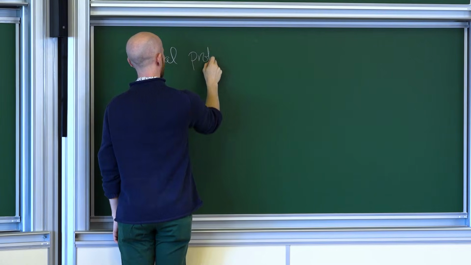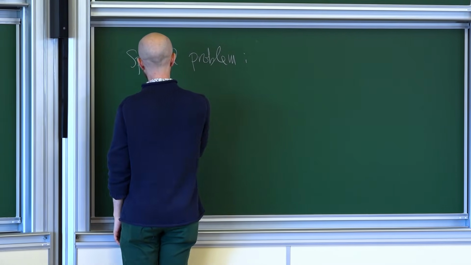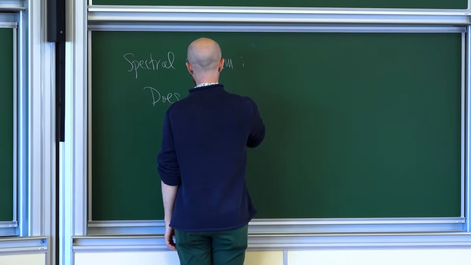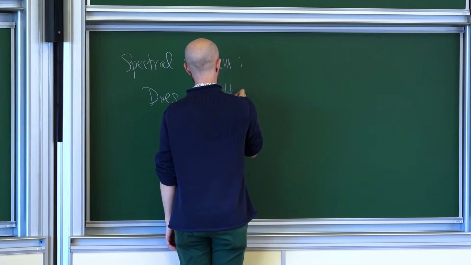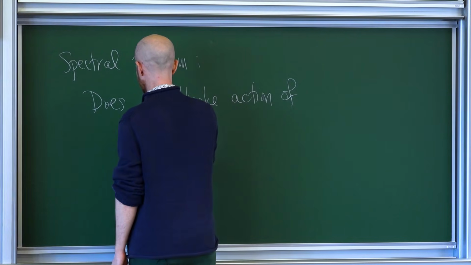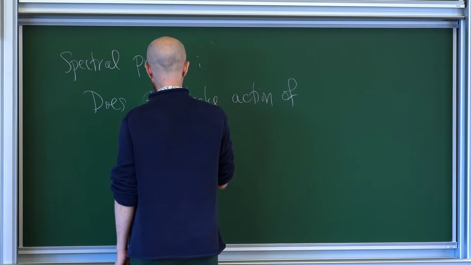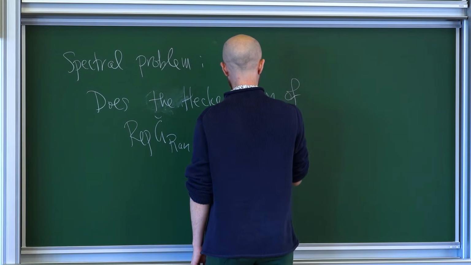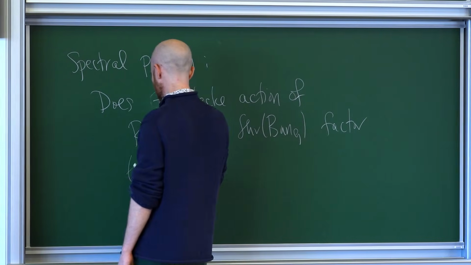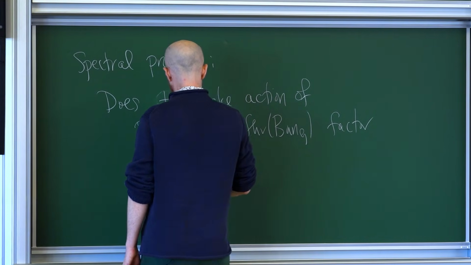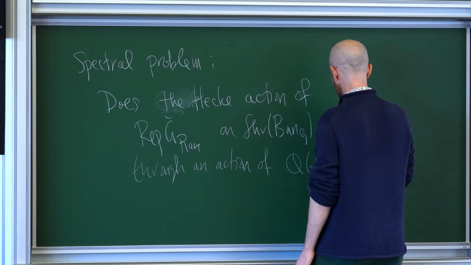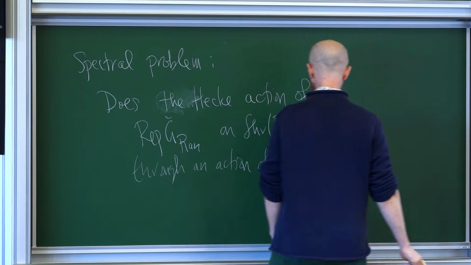Okay, so the first spectral problem is the following question. Does the action of this Rep G-check on sheaves on Bun G factor through an action of QCoh of LocSys G-check in the various settings?